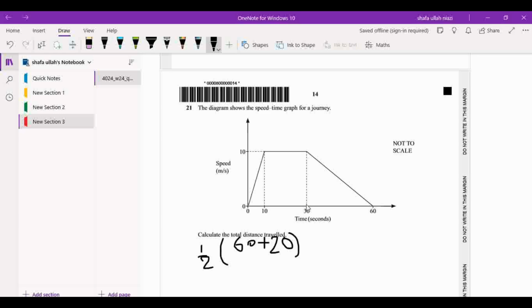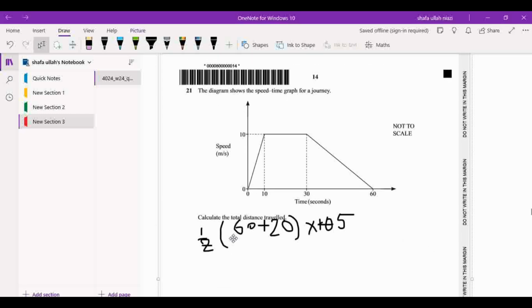The sum of parallel sides into height. Height is from 0 to 10, so this is 10 here. So 1 over 2 into 10 is 5, and we get 60 plus 20 is 80. 80 times 5 is 400.